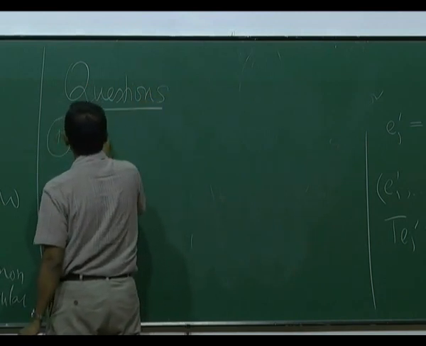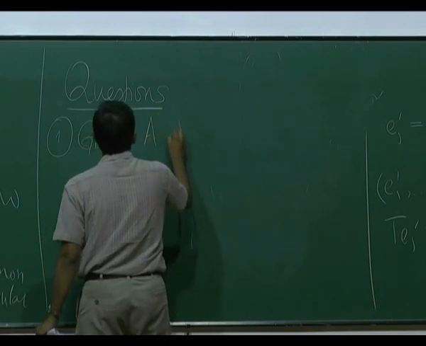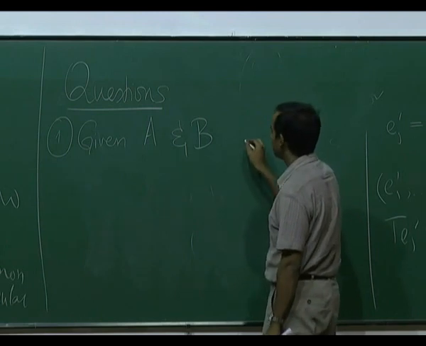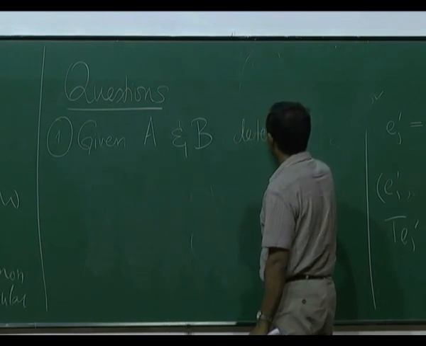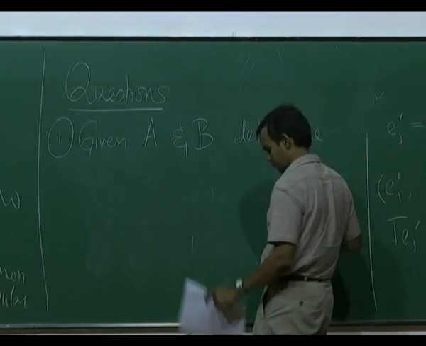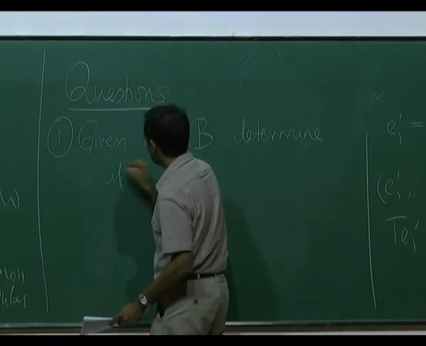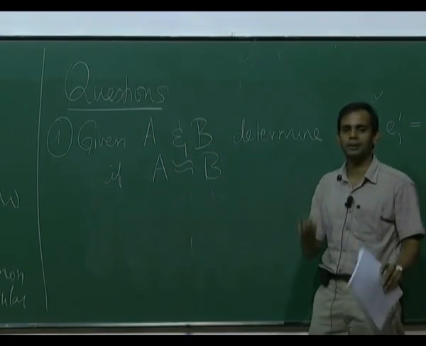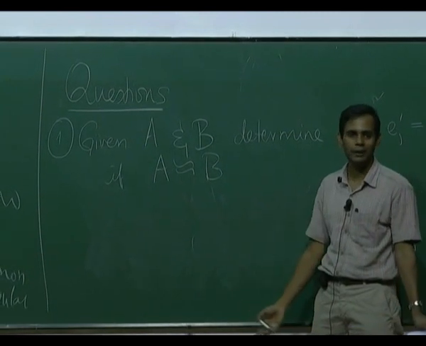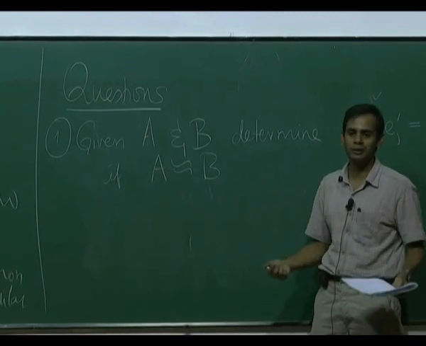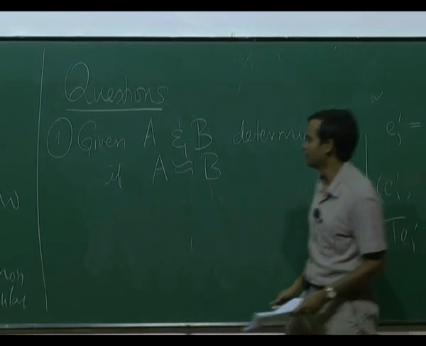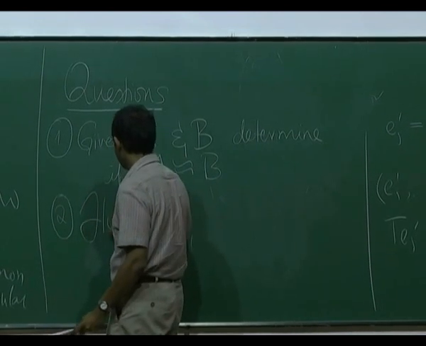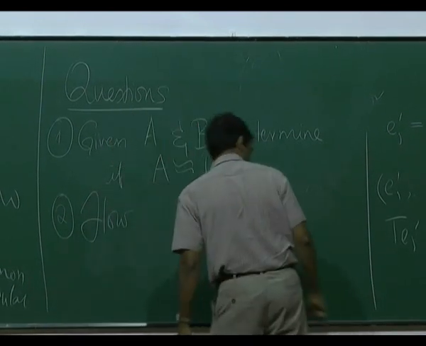One: given A and B, presumably of the same shape m by n, determine whether A is equivalent to B. In this case, we want an algorithm. I give you two matrices, and either A is equivalent to B or not. Can you do something to these matrices and tell me for sure? And the second question is, how many or what are the equivalence classes?